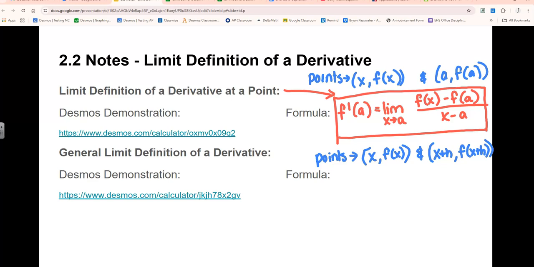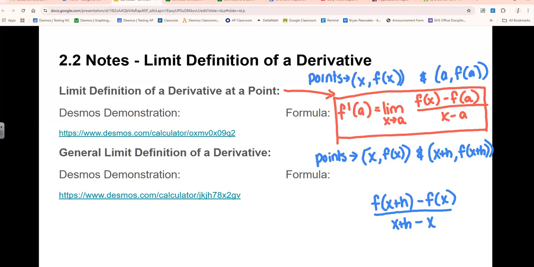So if I do a slope formula with those points, then it would be f of x plus h, that's my y-coordinate in my second point, minus f of x, that's the y-coordinate in the first point, over x plus h, which is my x-coordinate in the second point, minus the x right here.